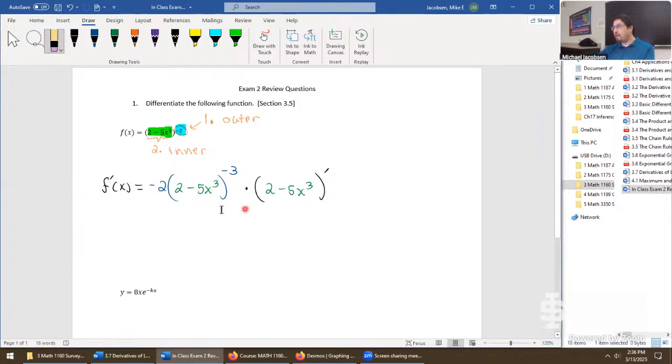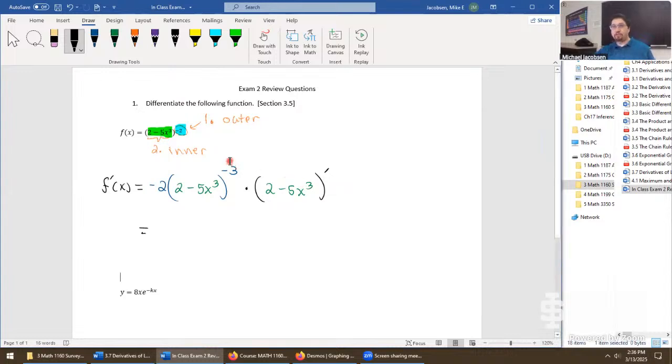And if everything we did beyond this is totally incorrect, that might be 3 out of 5 points because we correctly started the chain rule. So every step matters, and the more stuff you can put down, it's not just to be helpful to you, it's also to give me some way to see your thought process and award partial credit for the right thought processes. But let's continue to solve this.